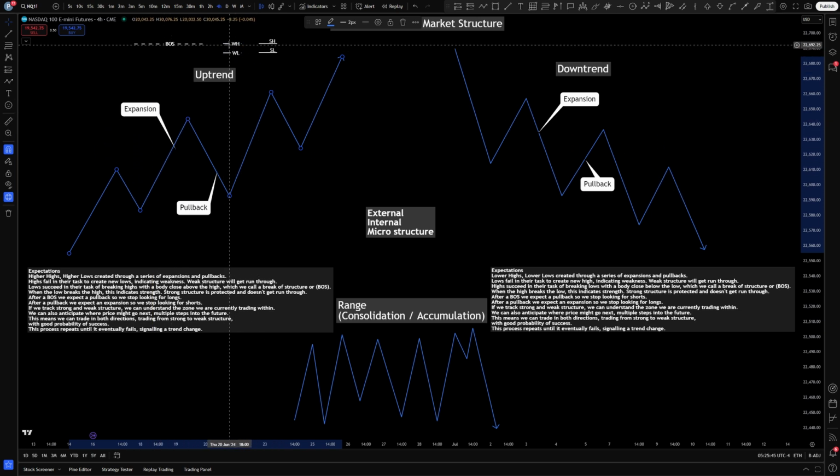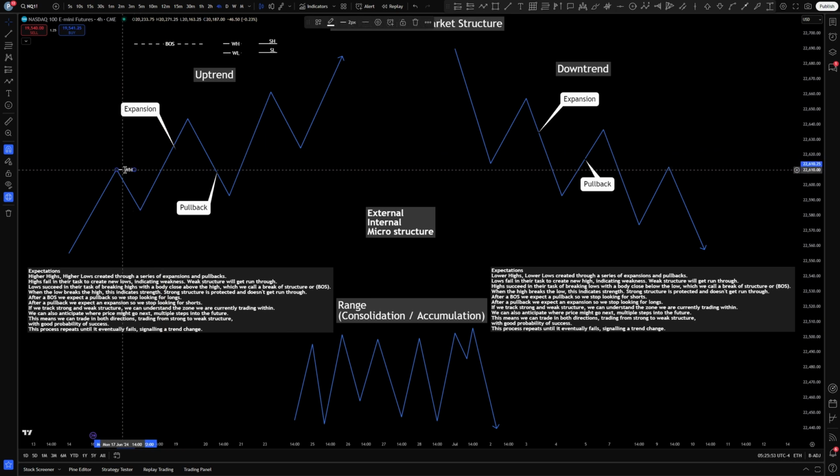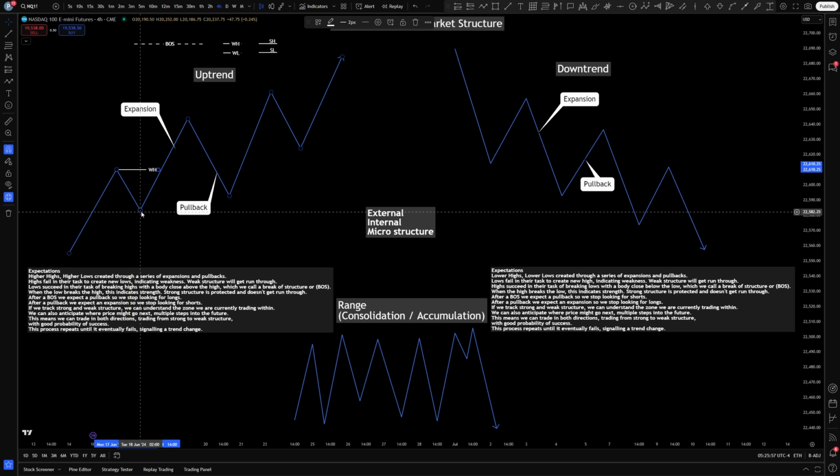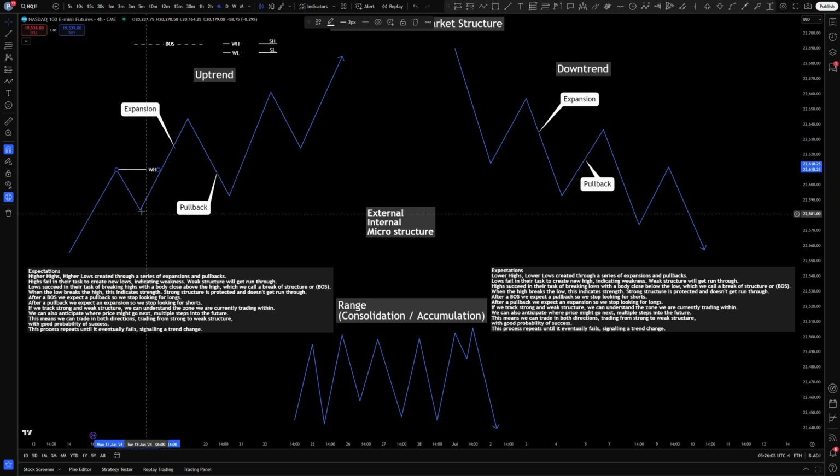Now that brings us on to what we call the concept of strong and weak structure. So if we have a high that has failed to do its job and put in a new low, that becomes weak. It shows weakness. It wasn't able to fulfill its task.